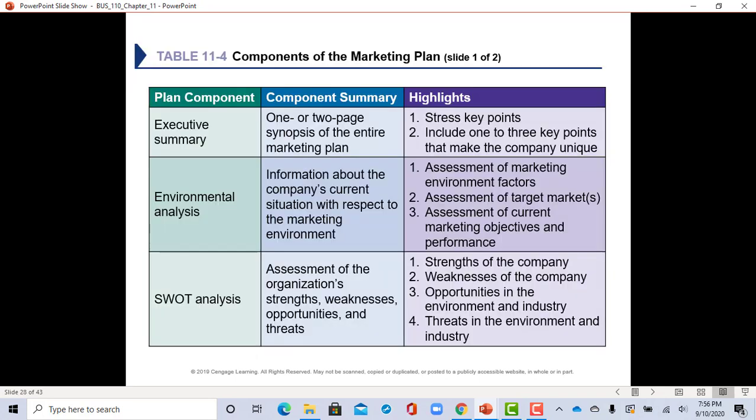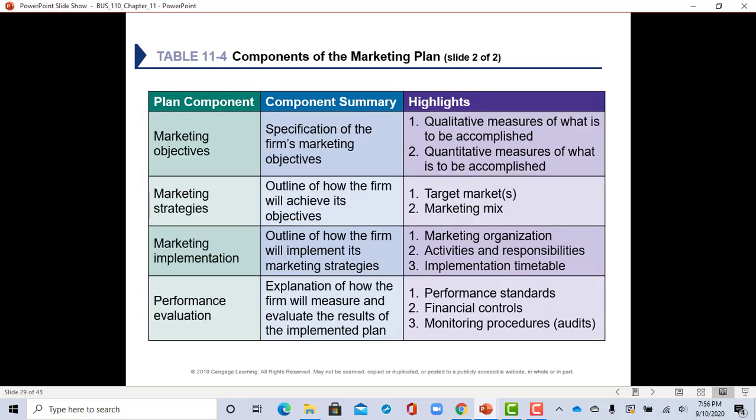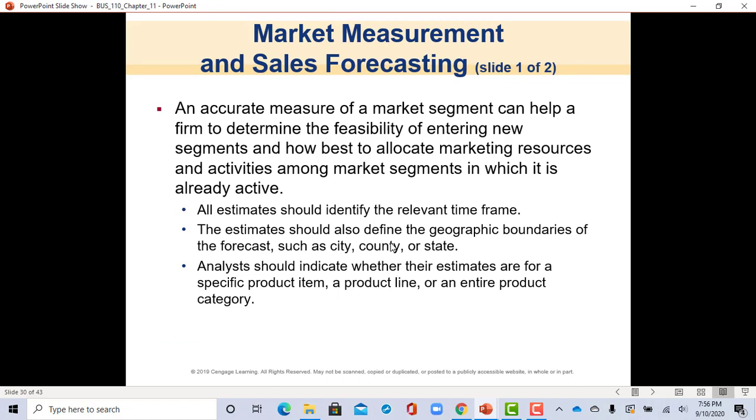The next two slides list the components of a marketing plan: the executive summary, environmental analysis, the SWOT analysis, marketing objectives, marketing strategies, marketing implementation, and then performance evaluation. Measuring the sales potential of specific market segments can help an organization make important decisions.